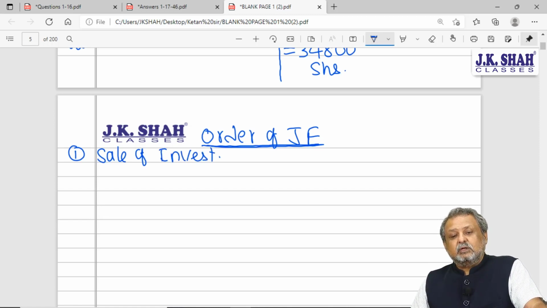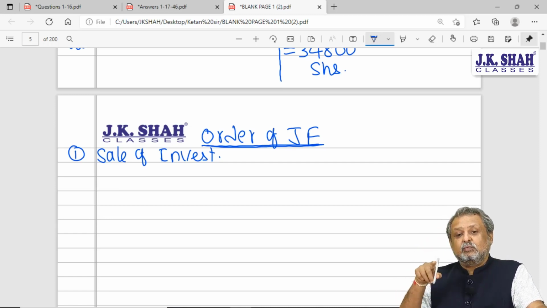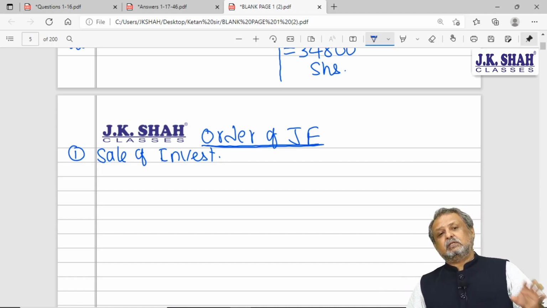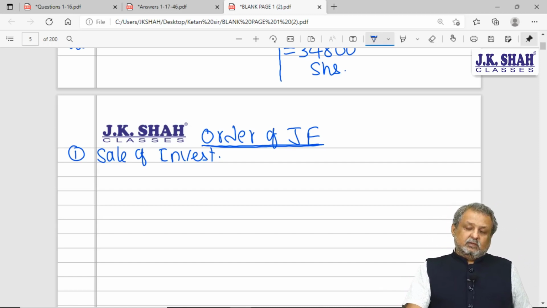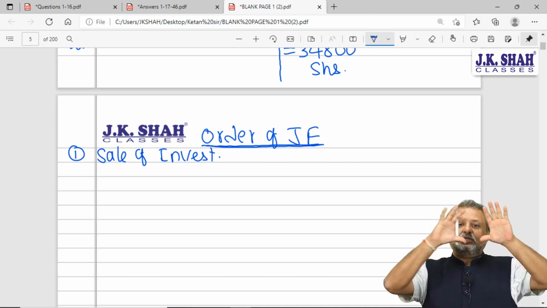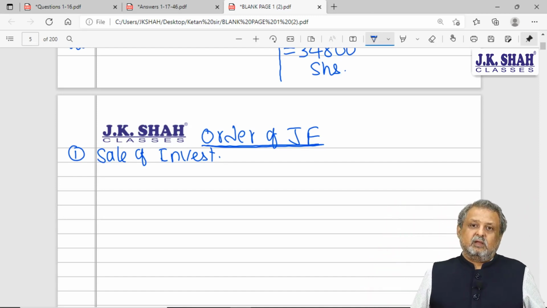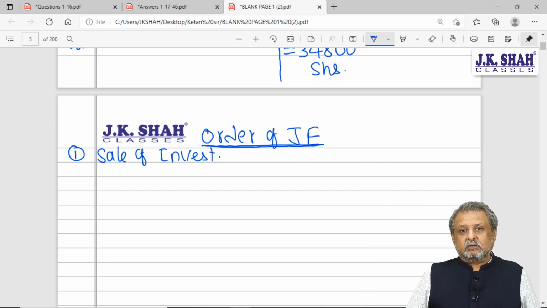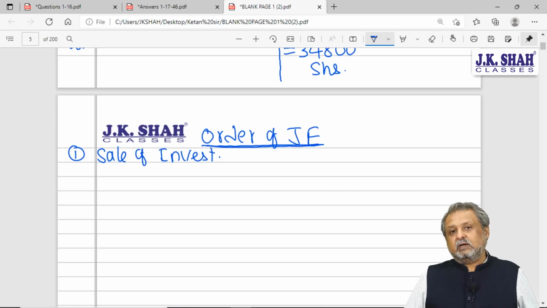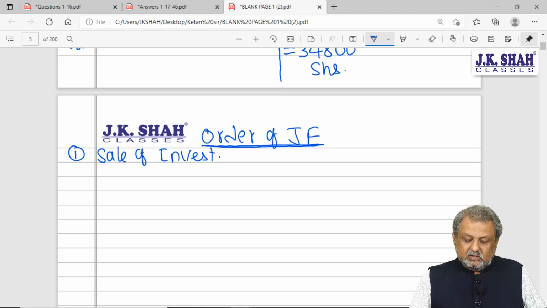So demand call, receipt call, receive from CIA, forfeiture, reissue, transfer to capital reserve, all such transactions will not come. I think in our JKSC textbook, redemption of preference shares, page number 136, if I remember right, there is one chart given to you that explains with reason what entries are required, why they are required. So that is the order, that's it, nothing else.